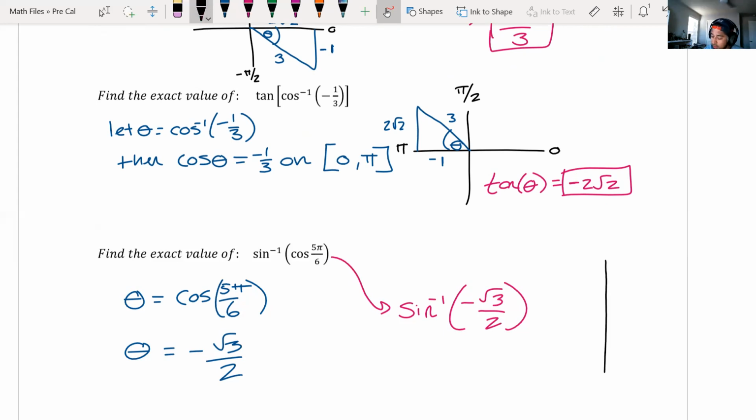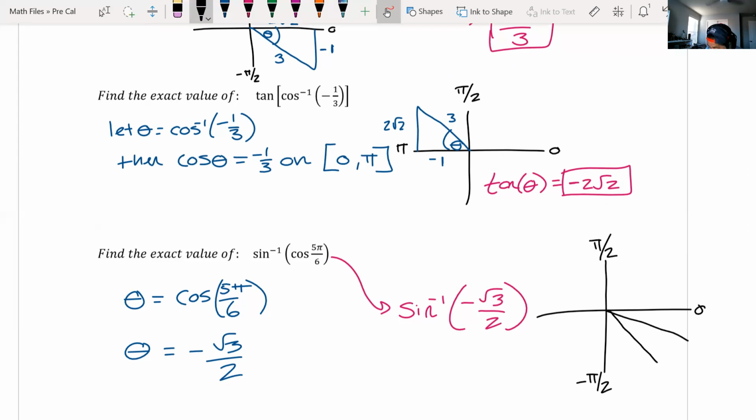So for this one, you would reference the unit circles we made last class, and you would spit out to me a radian value. Since this is a negative square root of 3 over 2, are we in the first quadrant or the fourth quadrant? We're in the fourth quadrant.